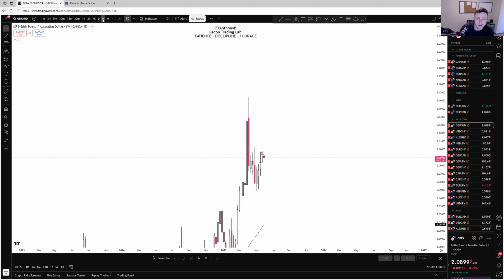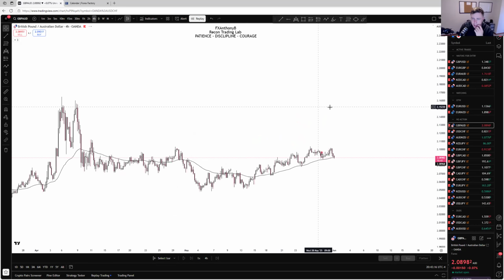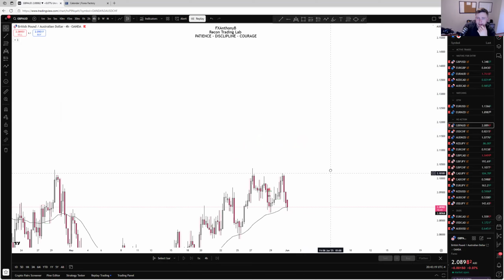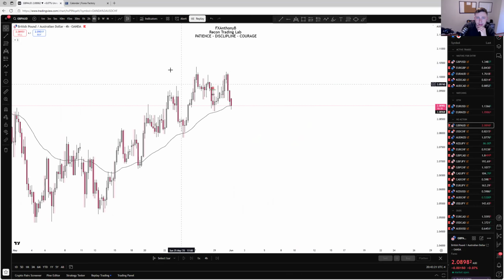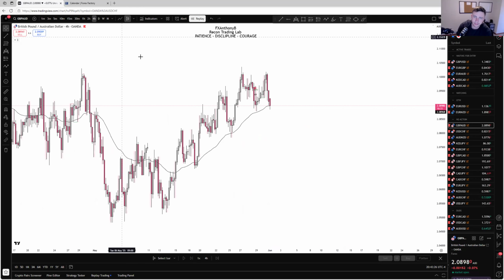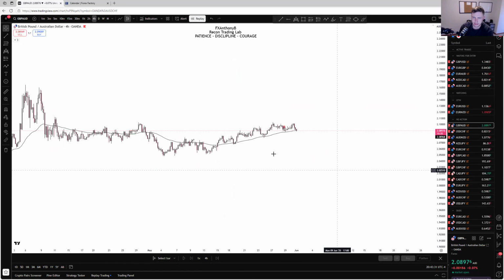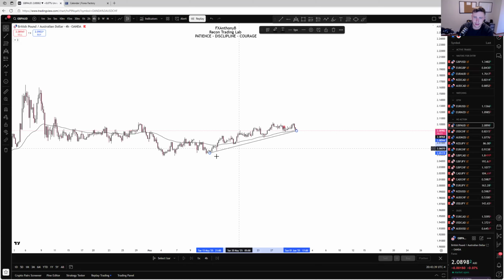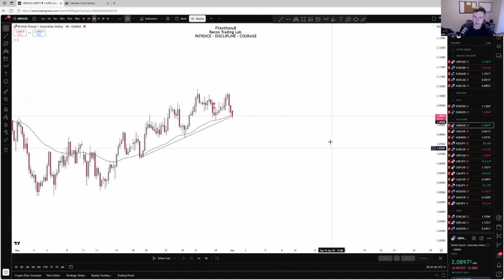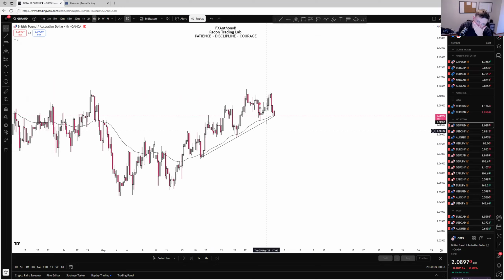Daily's bearish, weekly's bullish. 4 hour is, let's see, higher high, higher low, bullish. Pretty solid trend line, eh?